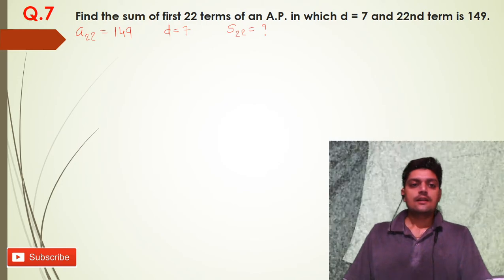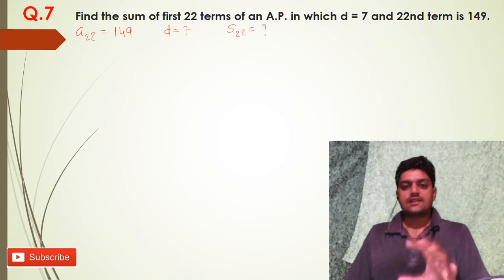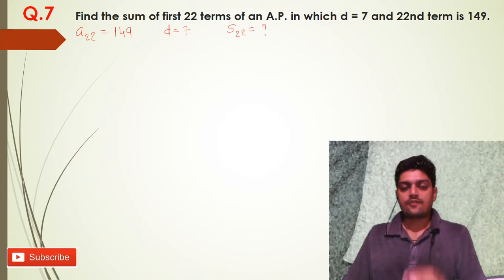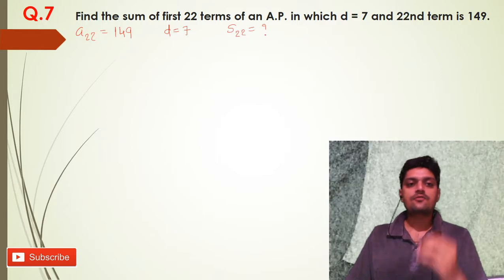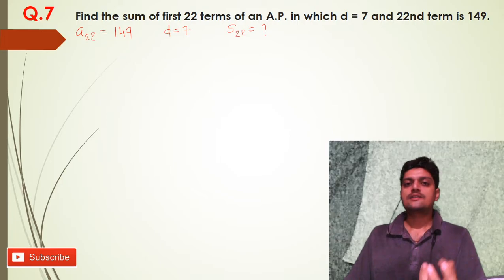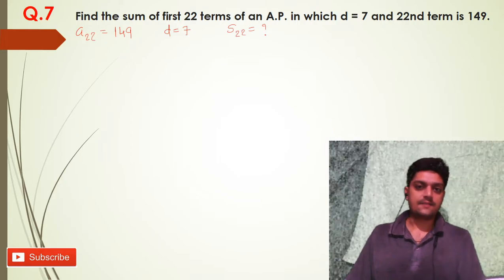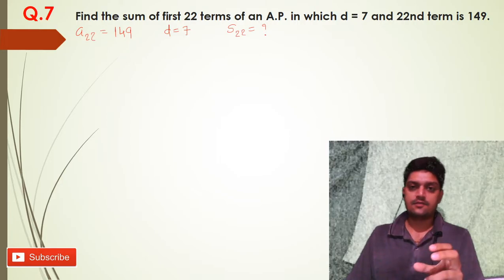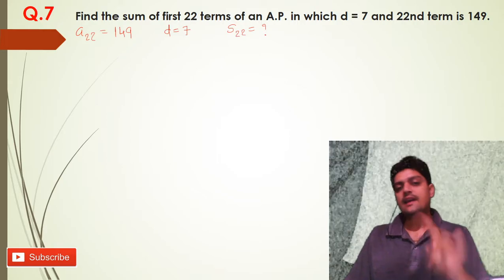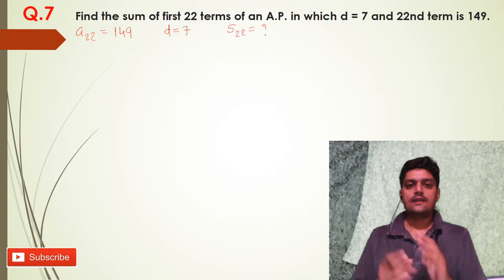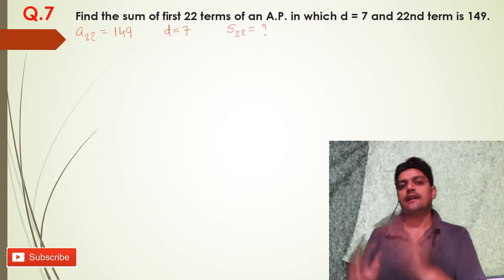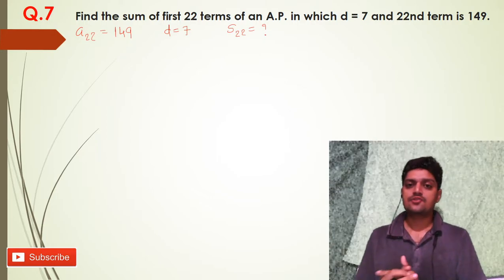So for this question, see, the pattern is why I'm focusing on this question, because I'm not focusing on any particular question, I just want to focus on the pattern. The pattern is that first you have to find n using the nth term formula, and using that n you have to find Sn, means you should use both formulas.